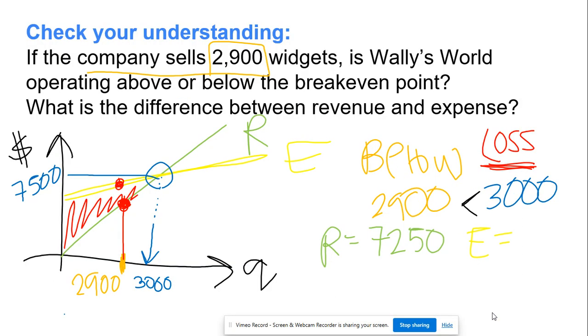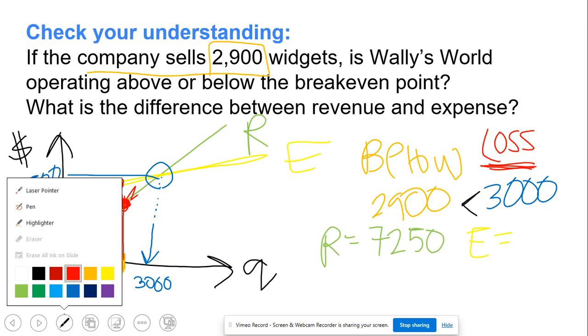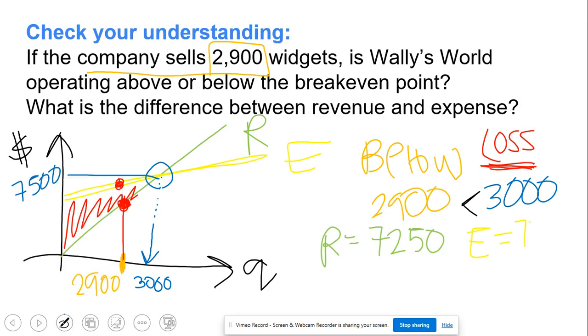So my expenses are 7,390. We can see that when we do the revenue minus the expenses, 7,250 minus 7,390, that is going to be a negative number, right?